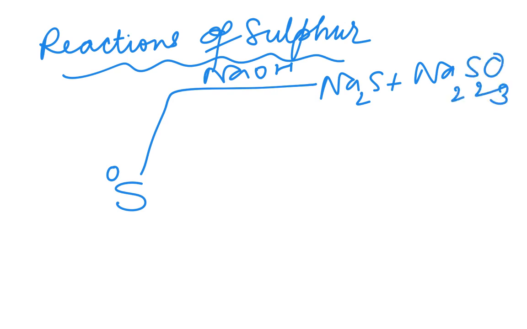I am not writing the balanced equation. You just see that in this one sulfur is -2 and in this one the oxidation state is +4. So this is reduced and this is oxidized. So it is a disproportionation reaction.